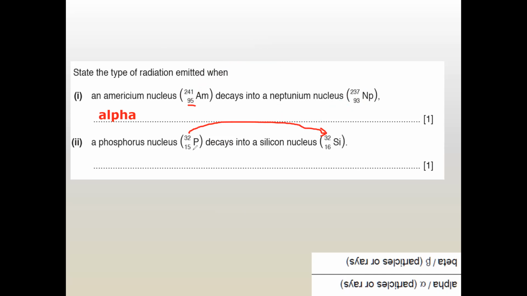But 15 becomes 16. So no change in the nucleon number, but the atomic number increases by 1. So which type of emission is this? So this is a beta emission. So whenever there is a beta emission, atomic number increases by 1 and the nucleon number or the mass number does not change.